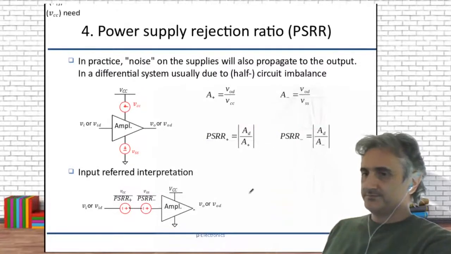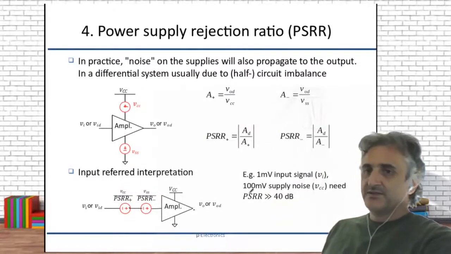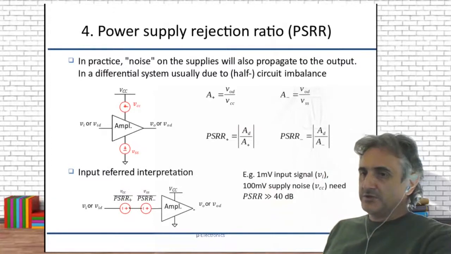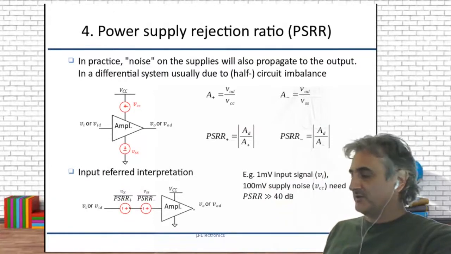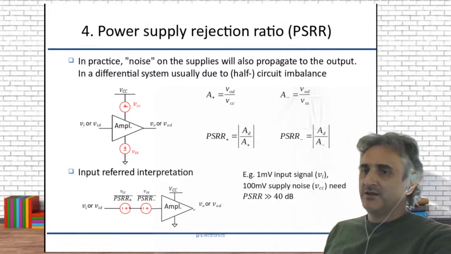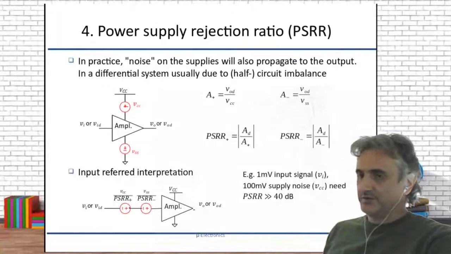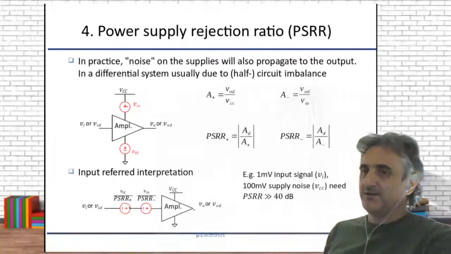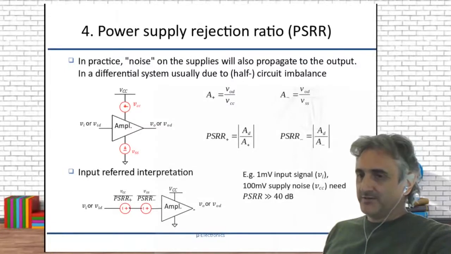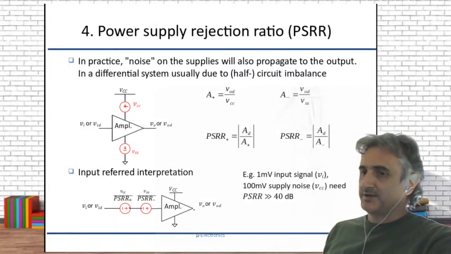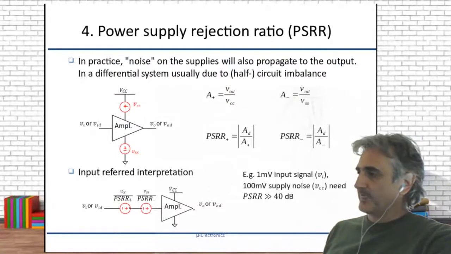For instance, if we wish to amplify a 1 millivolt input signal, and we are having a ripple at the power supply voltage, we need a power supply rejection ratio over 40 dBs, which is over 100 times.